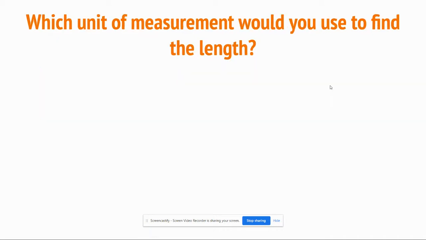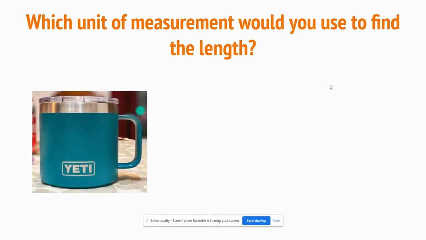Okay, so if we're looking to measure the length of this little Yeti mug, what would you use? We've got inches, feet, yards, and miles. Obviously, I think we know we're going to use inches here because a foot is just too big and everything else was bigger than a foot.